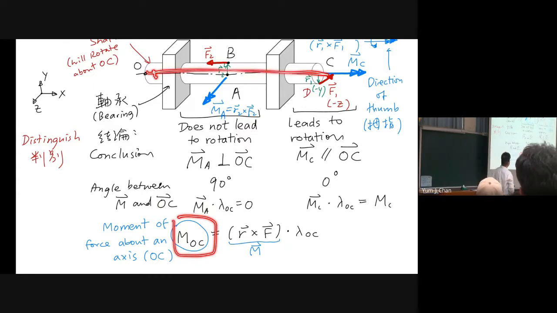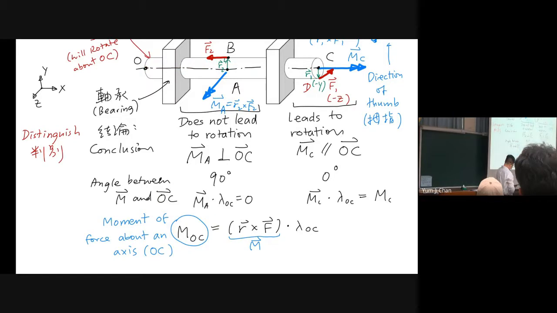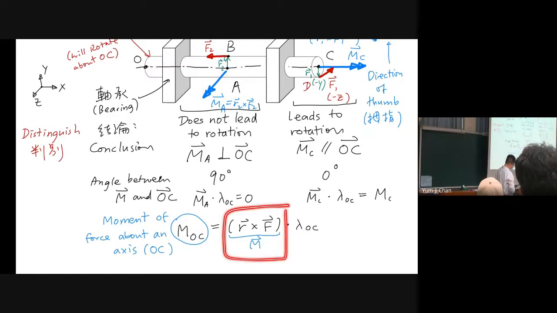This is calculated by first carrying out a moment about any point along OC, and then carrying out the dot product with the unit vector OC.